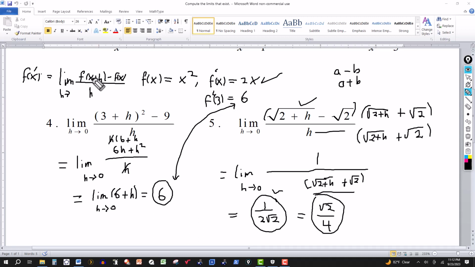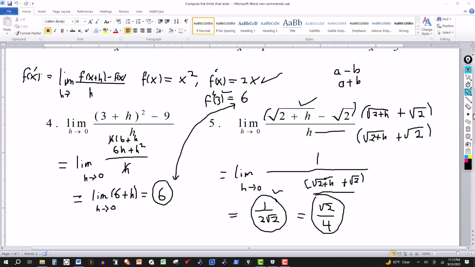So if I put, instead of an x here, I put a 3 right here. This 3 would be the x that would go here. And then it's plus h. And then the square, of course, comes from the function. And then minus f of x. That'd be 3 squared. That's 9. So we're just using the definition of the derivative to compute, in this particular case, the derivative at the point where x is equal to 3.